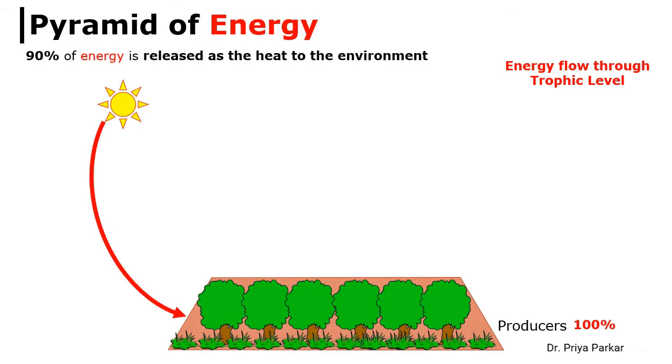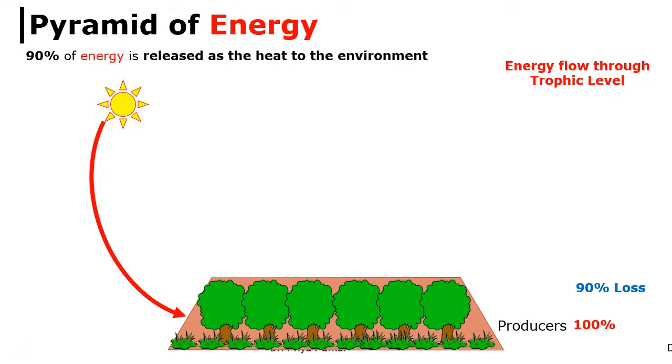Now let us look at the pyramid of energy. In pyramid of energy, the producers, that means green plants, use sunlight and convert it into energy. The producers consume this energy and around 90% of energy is lost in the form of heat in the process of evapotranspiration.